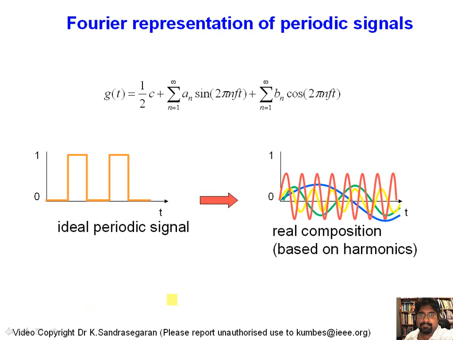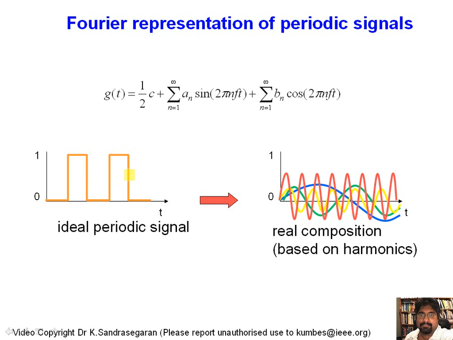Now, you probably would have also come across a Fourier representation of a periodic signal. If you've done a subject in signal theory at some stage in your life, you know that any periodic signal can be represented as what?